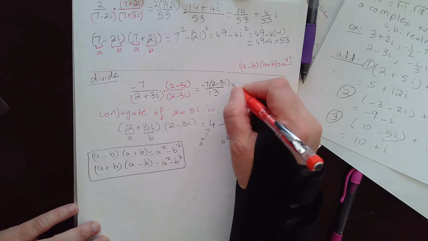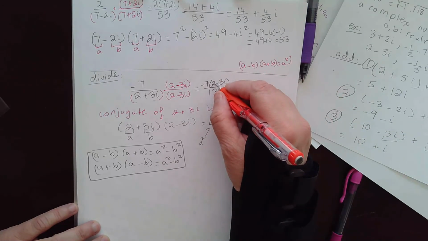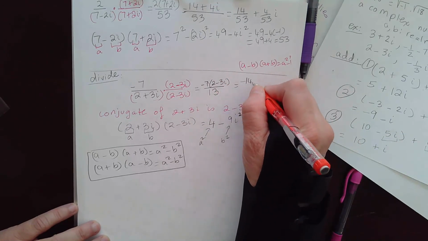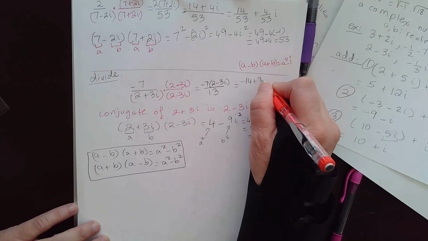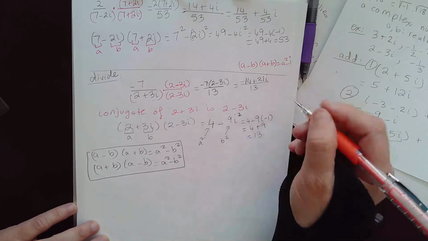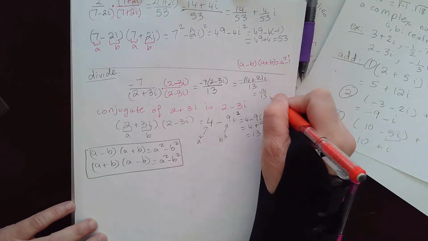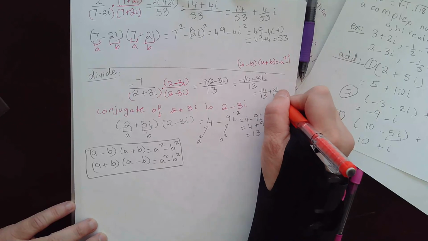Distribute, there's nothing to simplify. By the way, you try to simplify. -7 times 2 is -14, plus 7 times 3, 21i, over 13, and you can separate them. Negative 14 over 13 plus 21 over 13i.